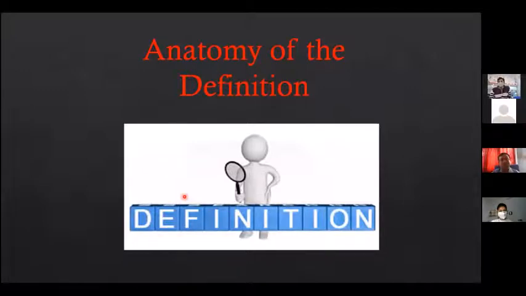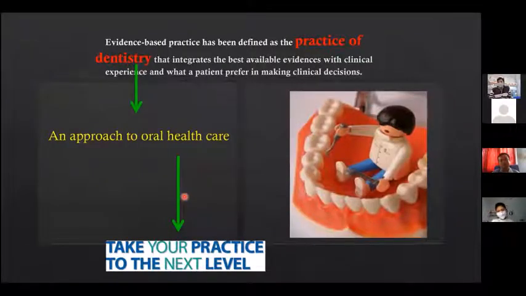Now let's minutely observe the definition of evidence-based practice. The first part of the definition says that it is a practice of dentistry. So practice of dentistry means it is an approach, one of the approaches to oral health care. And this approach will take our dentistry to the next higher level.